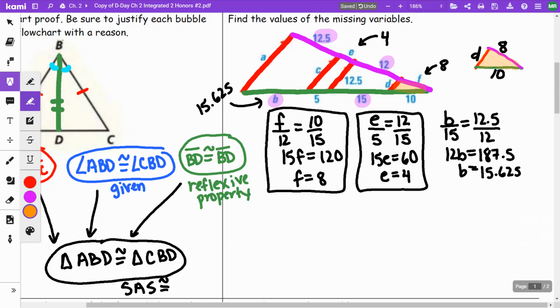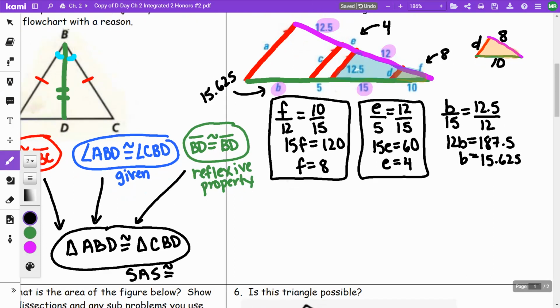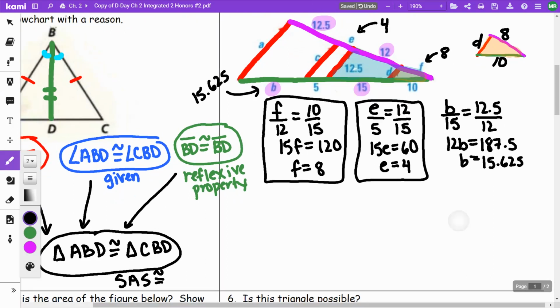And then I'm going to compare it to this triangle here that I'm going to do in, let's say, teal. So this one here, which is going to include that piece. When I'm looking at that triangle, I am going to be looking at my 15 and my 10, which is 25, and my 12 and my 8, which add to 20.